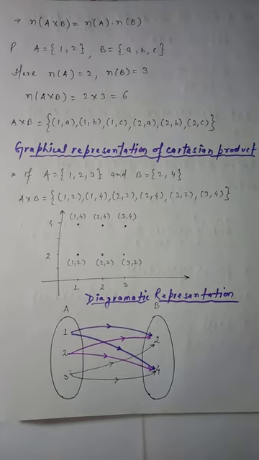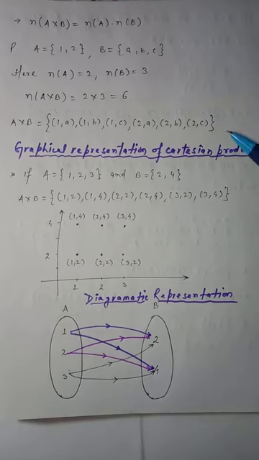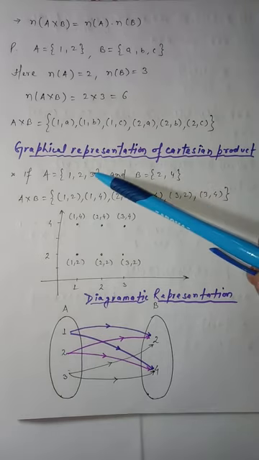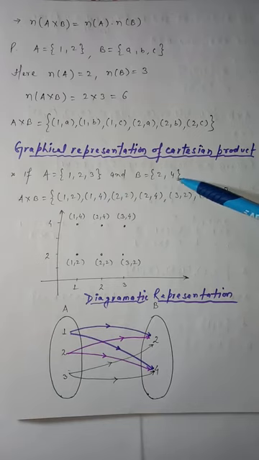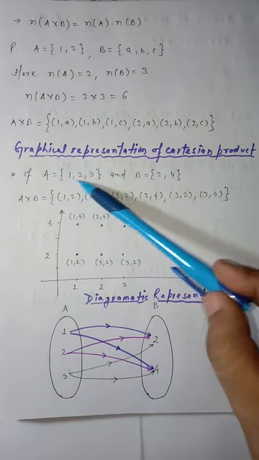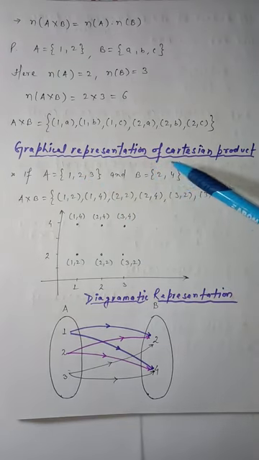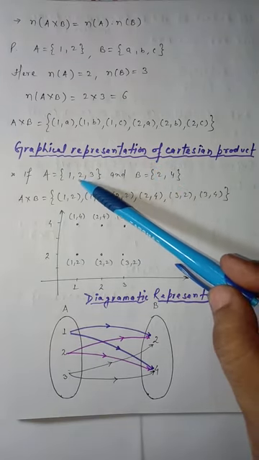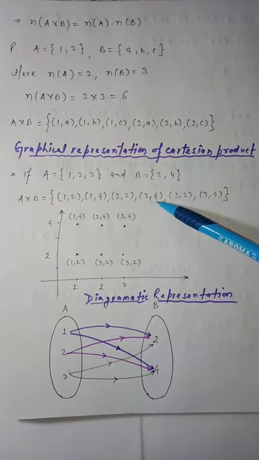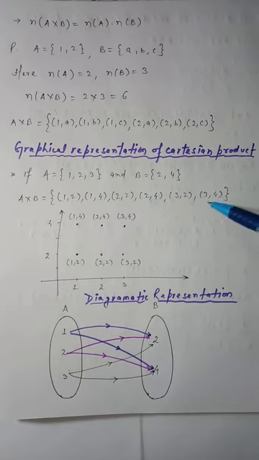Now come to the graphical representation of Cartesian product. Actually when sets A and B are in the form of numbers, we can graphically represent A cross B. If A is 1, 2, 3 and B is 2, 4, we can easily write A cross B, which will be 1, 2, 1, 4, start making pairs, 2, 2 and 2, 4, finally 3, 2 and 3, 4.